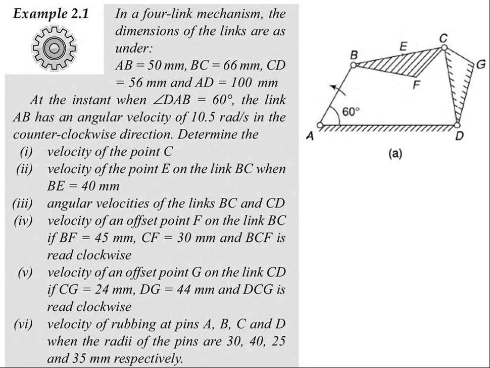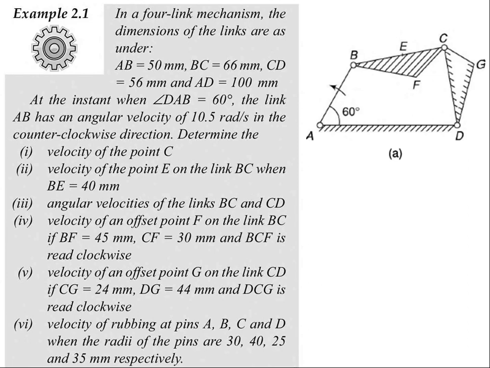So the length from B to F is 45, and CF is 30, and then you can use the distance in your rounder and cut from B to F and then C to F. Then similarly from CD, take a distance of CG as 24, make an arc from the rounder, and from D to G take 44 mm, cut that, and get the intersection point as G.